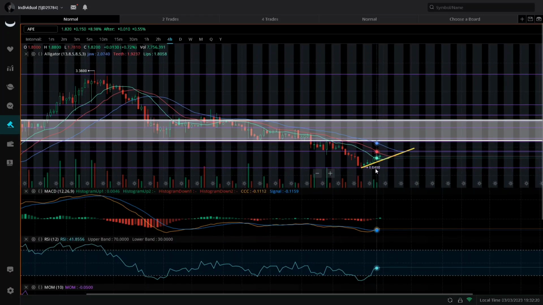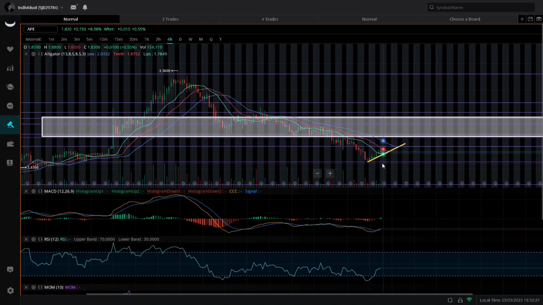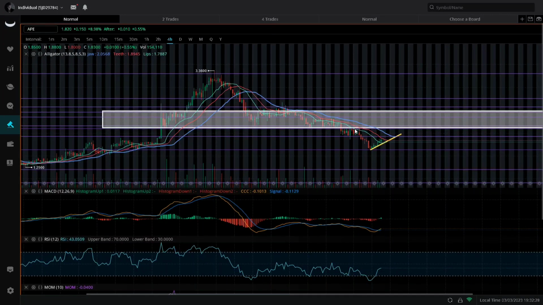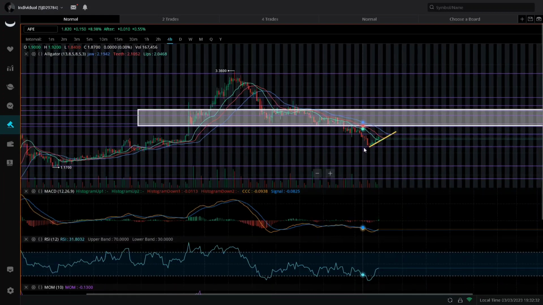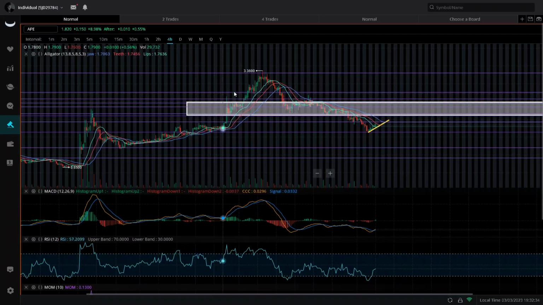So guys, APE had an extremely nice bounce off that $1.64 region. As I said, it would have to go below $1.60 for me to even reconsider my thesis that this is still in a bullish uptrend. I think that we're going to get that $3.36 retest here soon eventually.